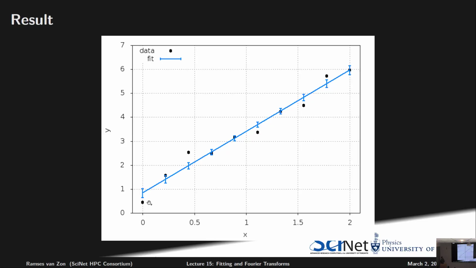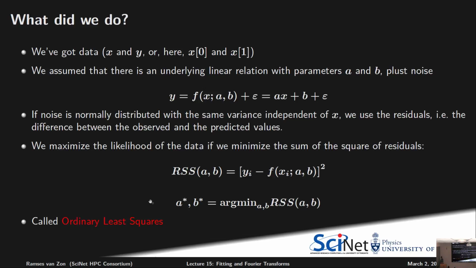And then you get your fit. So that's one of the things that is in there, and it's of course not the only thing. So we made some data. We are trying to do a linear fit, so we just give it to the routine.